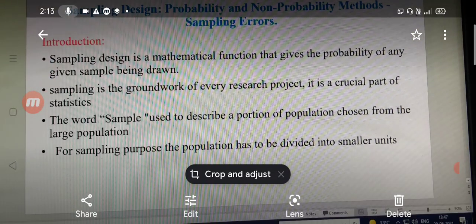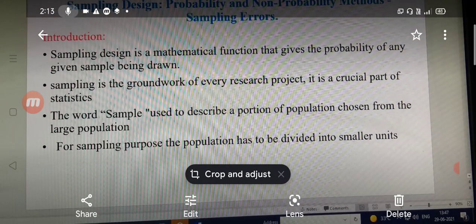So, from sampling, the purpose of the sampling is that the population has to be divided into small units. For example, if we take the example of the COVID impact on the students, here we have divided the students: which students, either KG students or PG students, graduate students or higher secondary students.